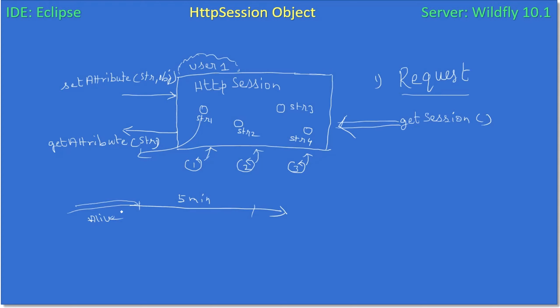There will be a request and response exchange. But from this point onwards, let's say the web browser is inactive and not interacting with the web application. If 5 minutes is set as the timeout period, then the HTTP session will die. After this, if the user makes a connection again, a new HTTP session will be created for the same user 1.